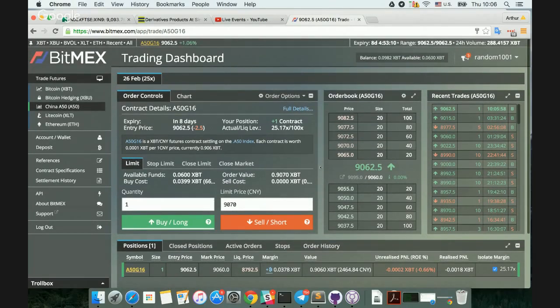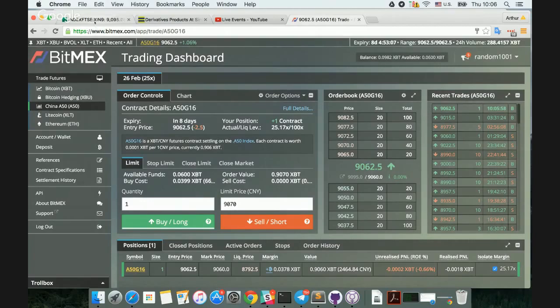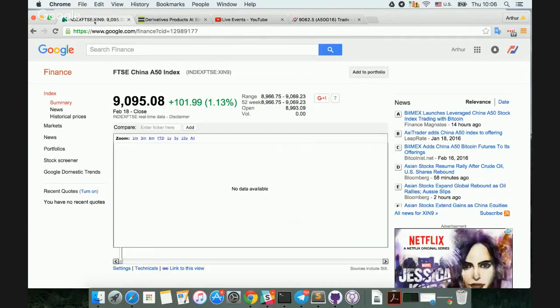So when is this index most liquid? If you want to look at a live ticking price or almost live, I suggest going to Google Finance. It doesn't seem that the chart wants to work right now, but they have a few second delayed price of the underlying index.